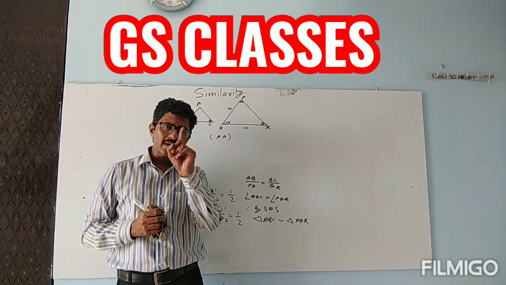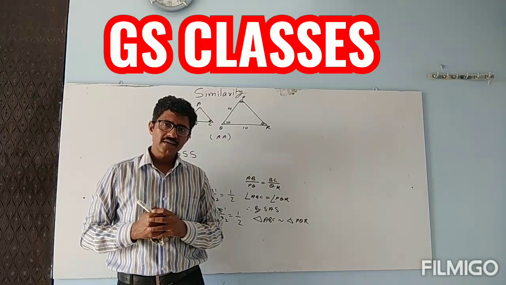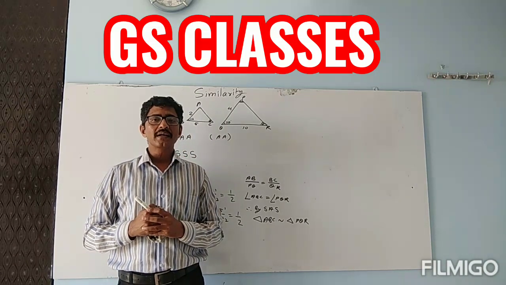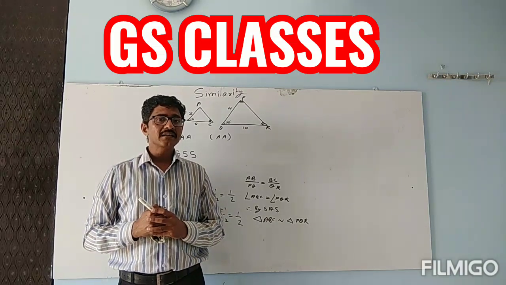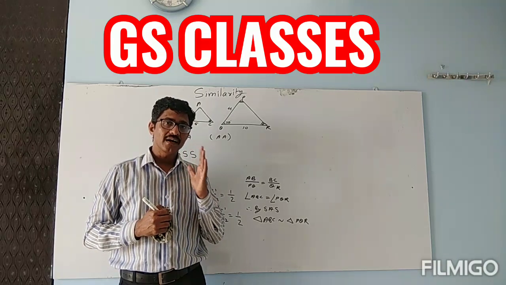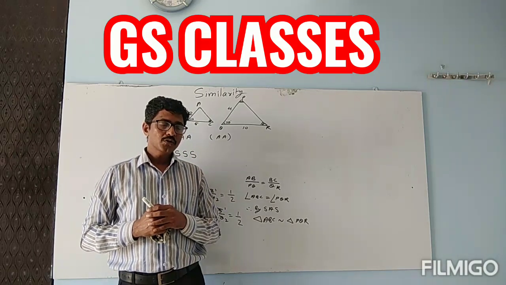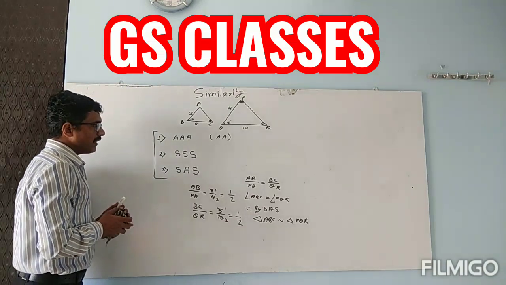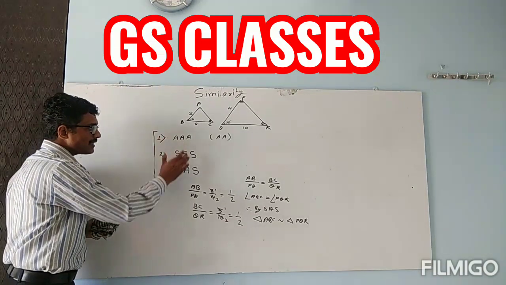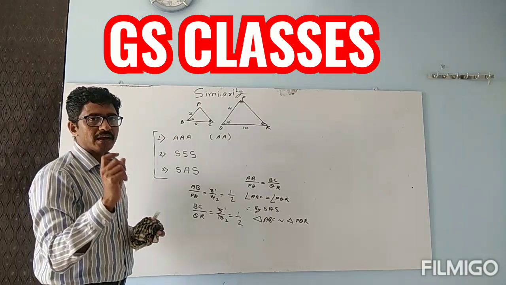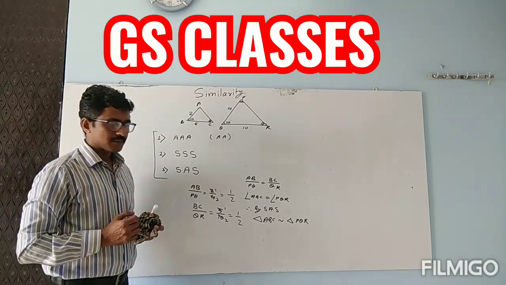If they are passing any one of these criteria, then definitely you can declare that the given two triangles are similar. So we will be using all these three properties while solving the numericals.